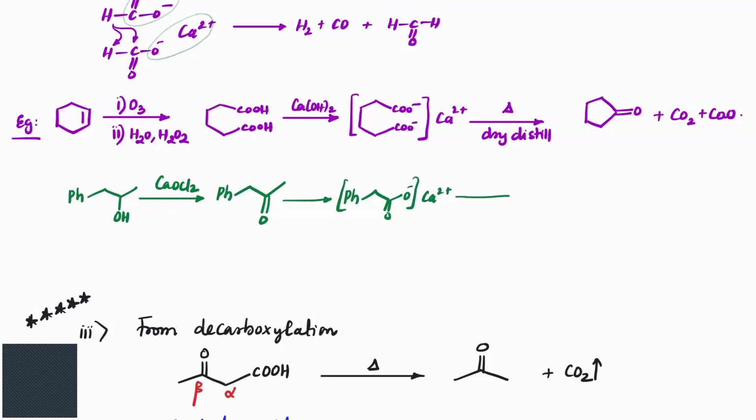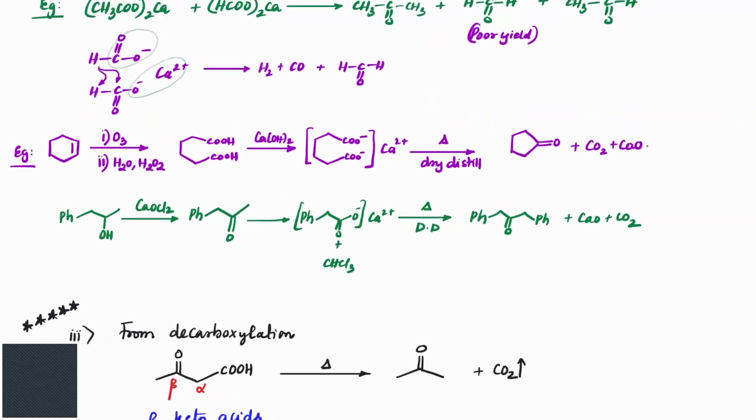Once you get the calcium salt, this plus CHCl3 is the product formation. When you make a dry distillation here, we will get PhC double bond O with another Ph, along with CaO and CO2.